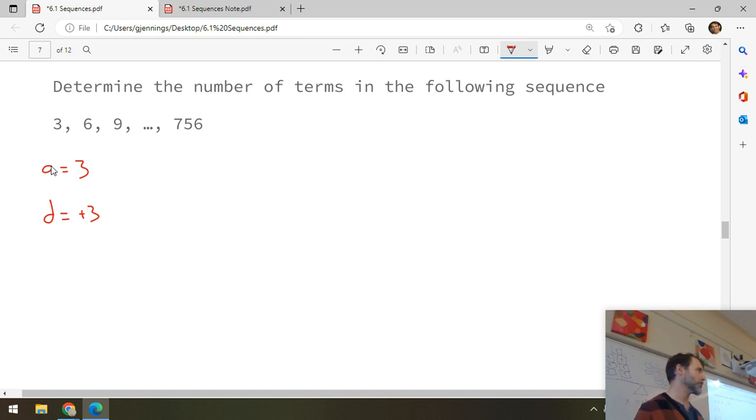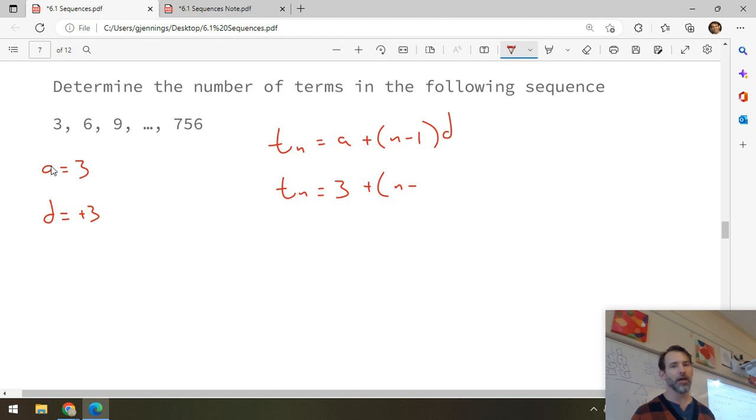Just add 3. So I can use that to get my general term. Tn is equal to A plus n minus 1 times D.